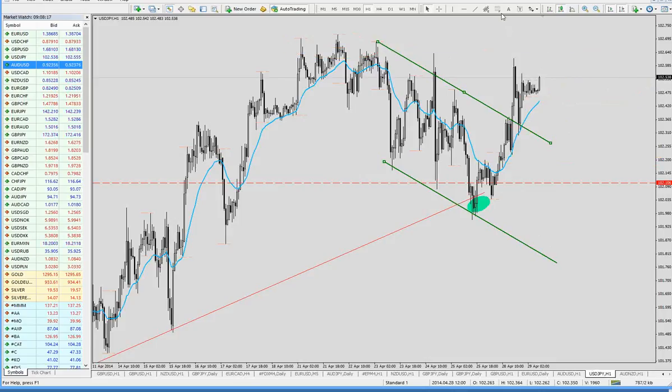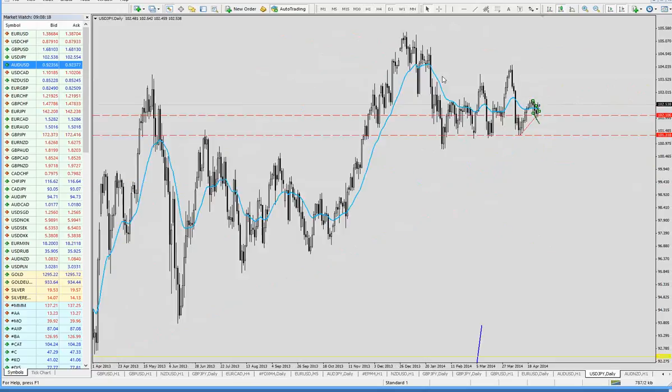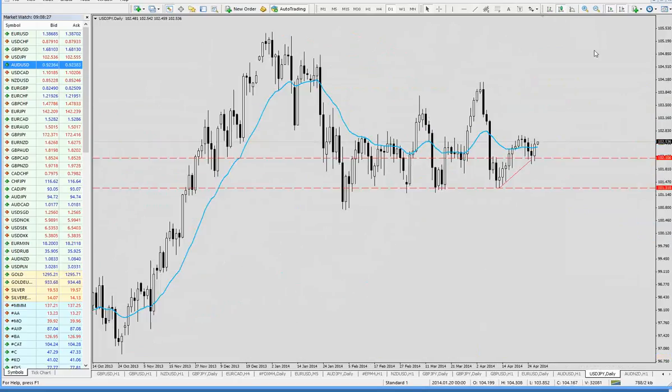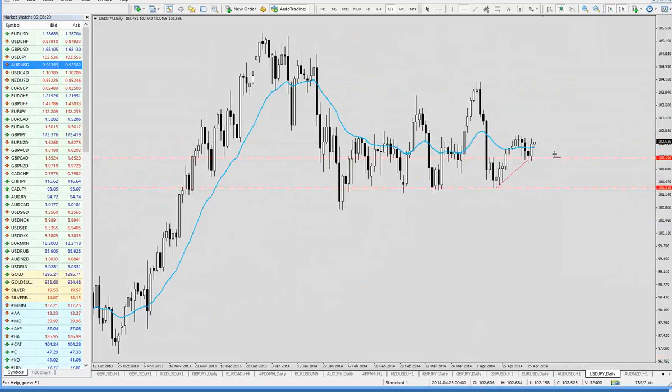Let me show you on daily, okay? I would say that we are going to break this 102.70 and we are going higher towards 103.50, okay?